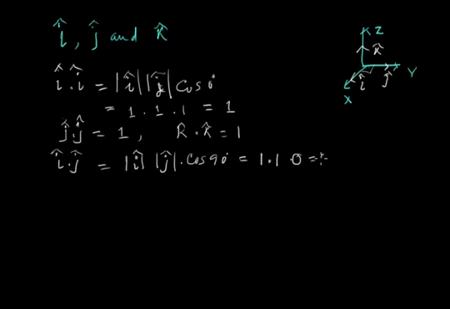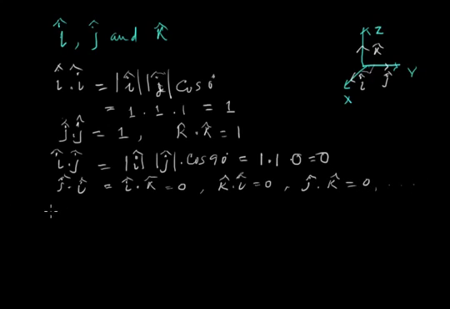So the result is 0. If I do the dot product of j dot I, we get 0. If we do the dot product of I and k, that is also 0. k and I, 0. J and k, 0. So all are 0.